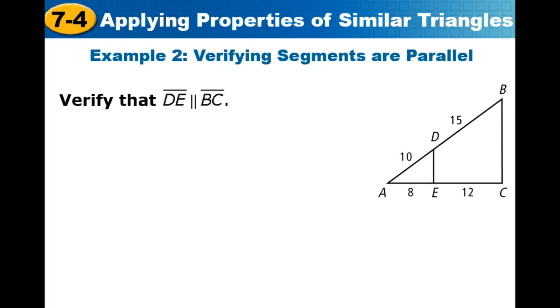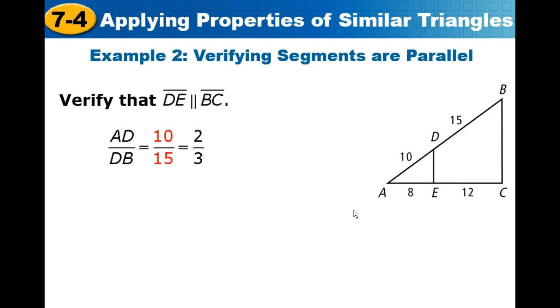Okay, example 2 is asking us to verify that these two lines are parallel. And if we look at the converse of the triangle proportionality theorem, it says these two lines are parallel if these two little parts are proportional to each other. So we can write out a relationship comparing 10 over 15 to 8 over 12, or 10 over 8 to 15 over 12.